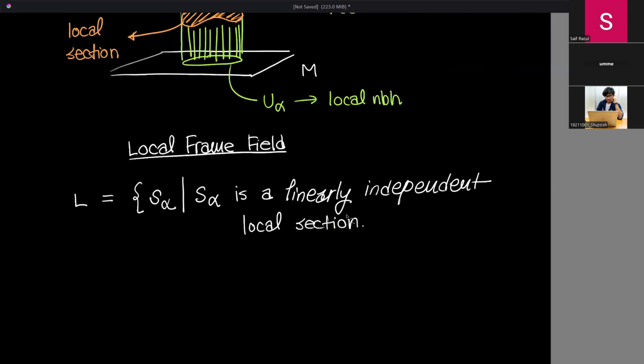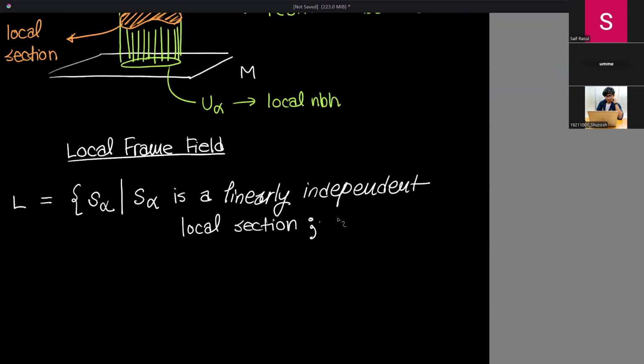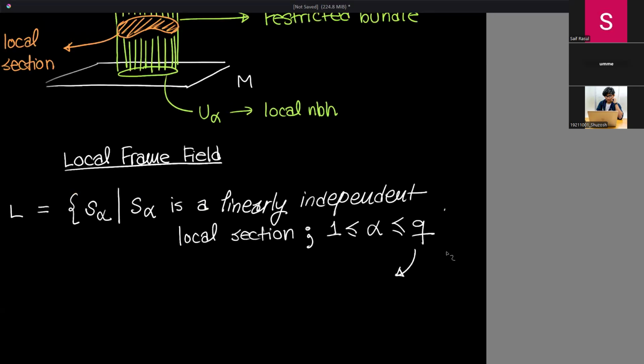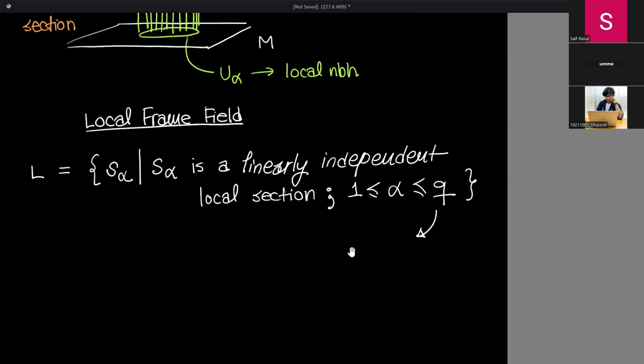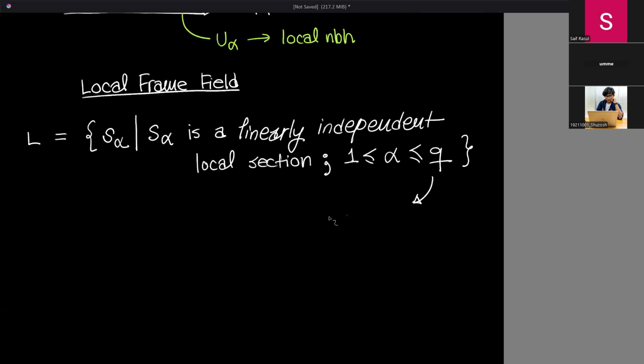And what does alpha range over? Alpha ranges over 1 to Q, where Q is the dimension of the fiber.